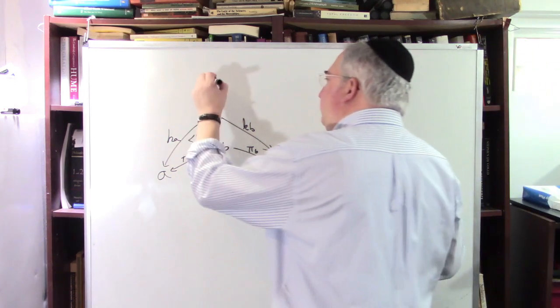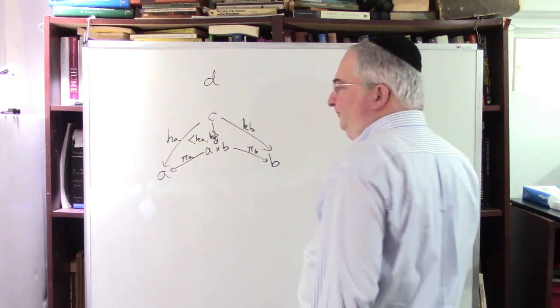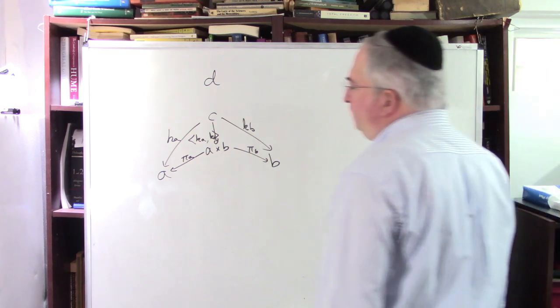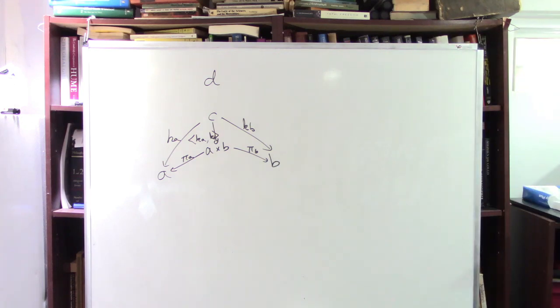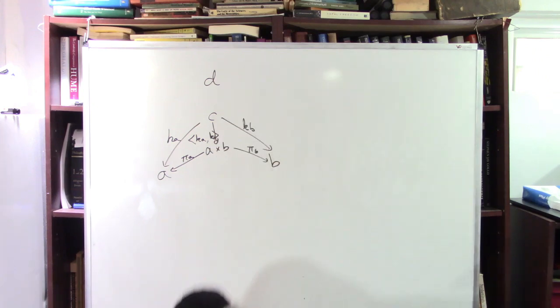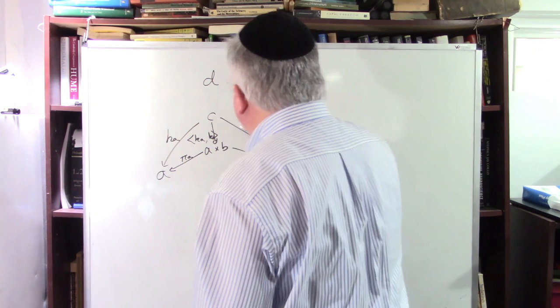Ready? But you can also have an object D. Sorry, I want to follow the book so that we don't get confused.